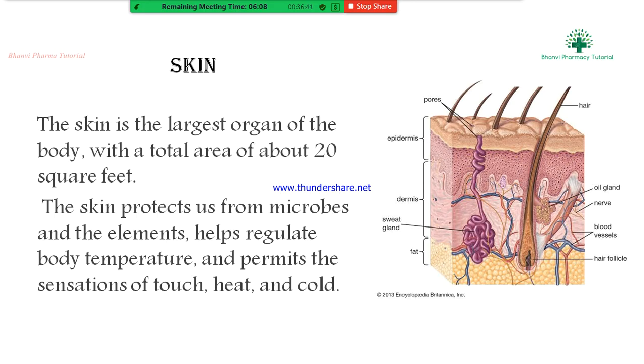Skin is the largest organ of the body, with a total area of about 20 square feet. The skin protects us from microbes and the elements, helps regulate body temperature, and permits the sensation of touch, heat and cold. You can see the diagram of the skin.